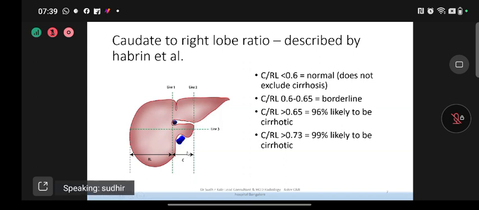This forms the caudate lobe distance, and the other one is to the right side of the surface of the liver. For the caudate to right lobe ratio, studies show that less than 0.6 is normal, and 0.6 to 0.65 is borderline chances that the patient is having CLD. Anything more than 0.65 is 96% likely, and more than 0.73 is more likely to be a cirrhotic liver.